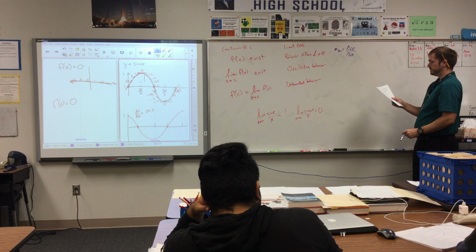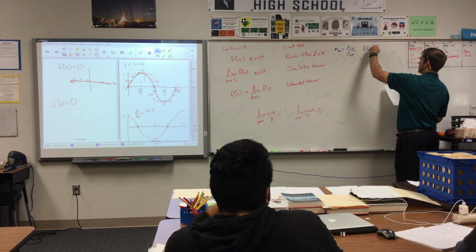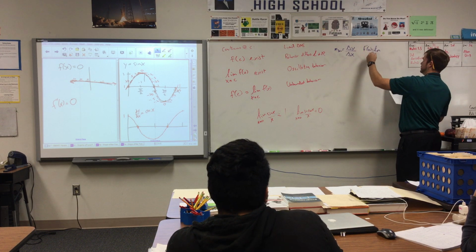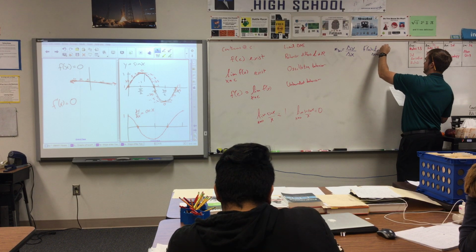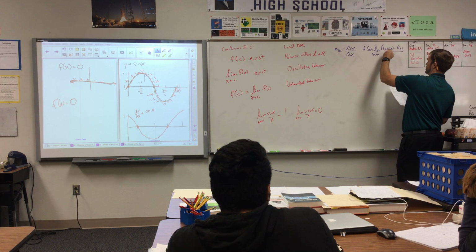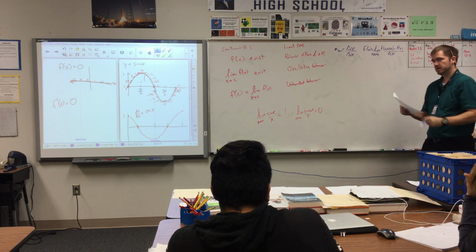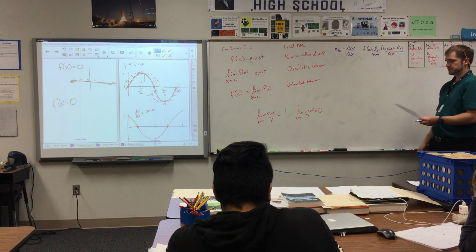Item 2, definition of the derivative using delta x. So that's f prime of x equals the limit as delta x approaches 0 of f of x plus delta x minus f of x all over delta x. That's the limit of the difference quotient.